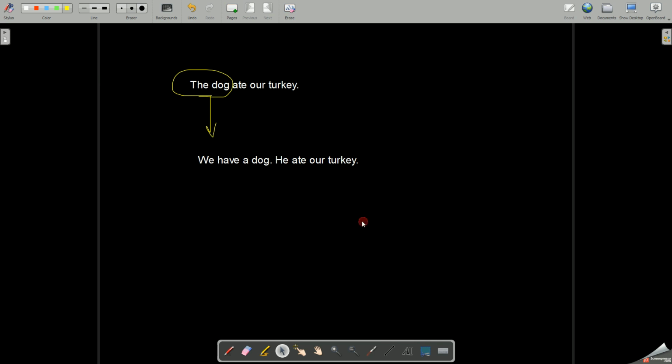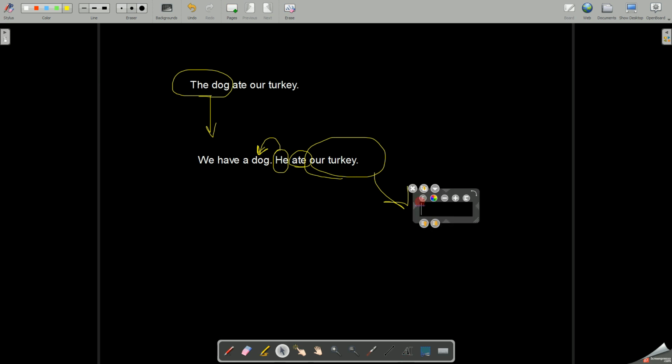So over here you can see this he is referring to the dog. So when I say ate what? Ate our turkey. So our turkey is what? This is the object of the verb.